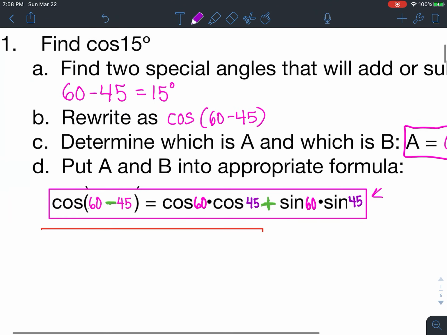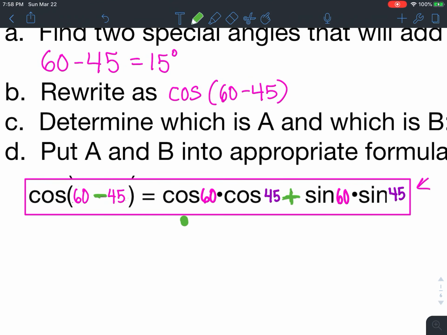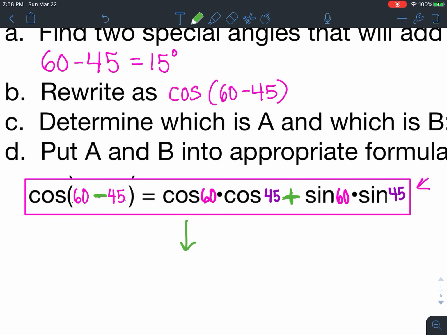Now these are values that we know, so we can actually find the trig values of these. Okay, so let's see here. The cosine of 60 is 1/2.